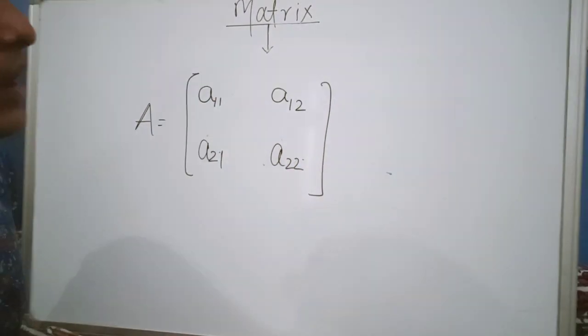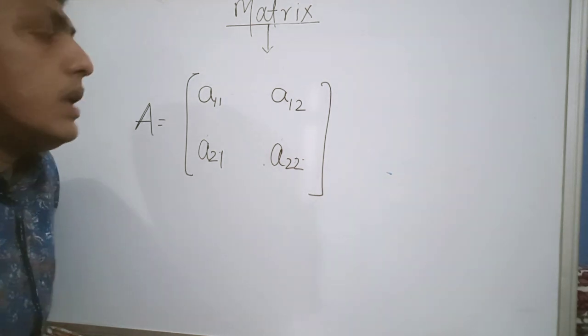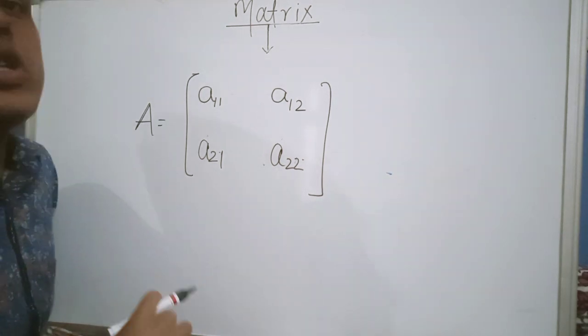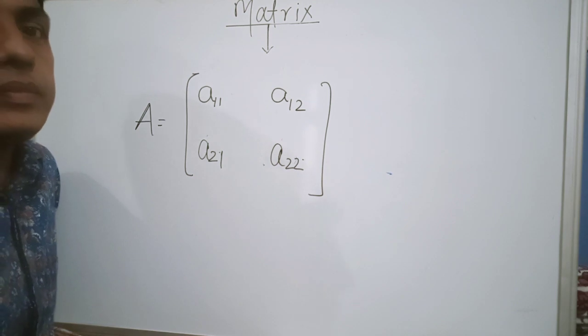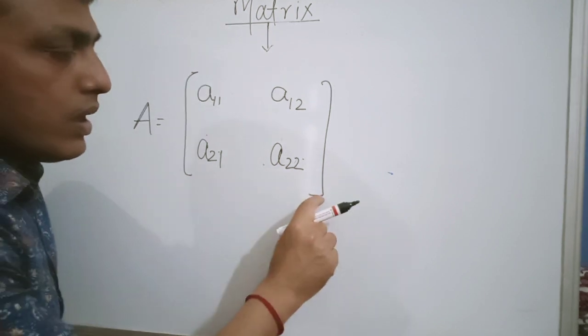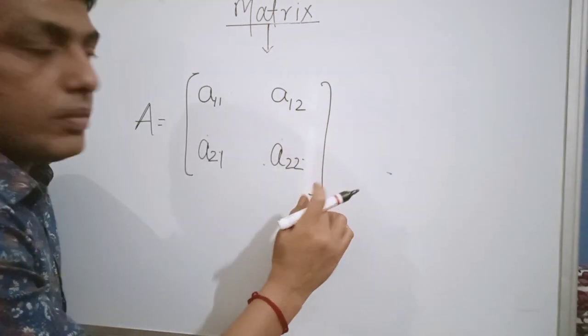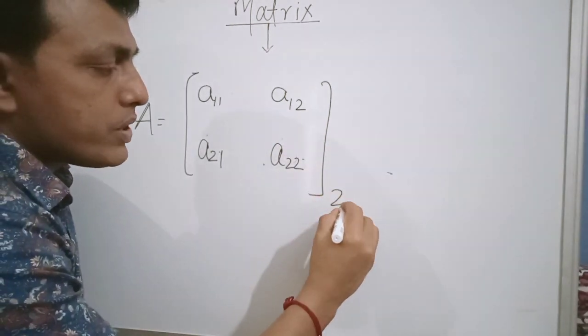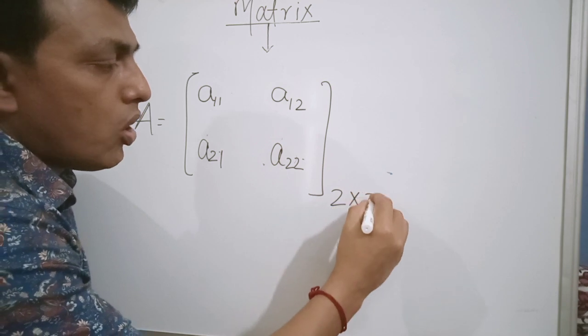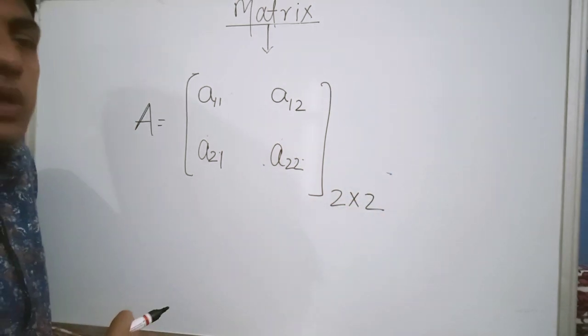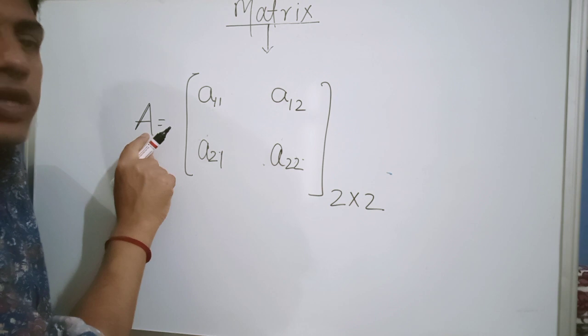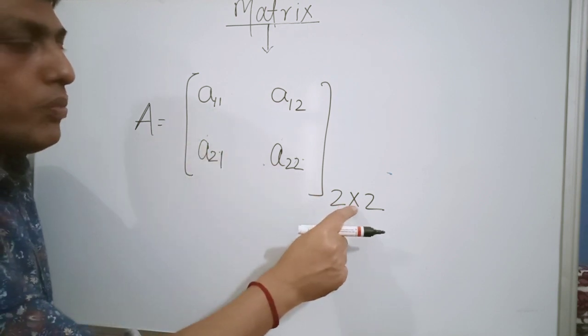This is the mathematical representation of a matrix. Here, at the right bottom, we represent the order of the matrix. So A is a matrix of order 2 by 2.